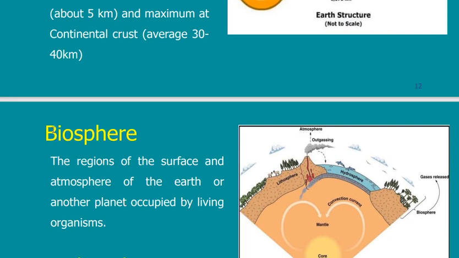We have something called the biosphere. Bio comes from biology. So biosphere, the regions of the surface and the atmosphere of the Earth or another planet occupied by living organisms. So biosphere means wherever living organisms are found. So where are living organisms found? Just, we have to specify locations.